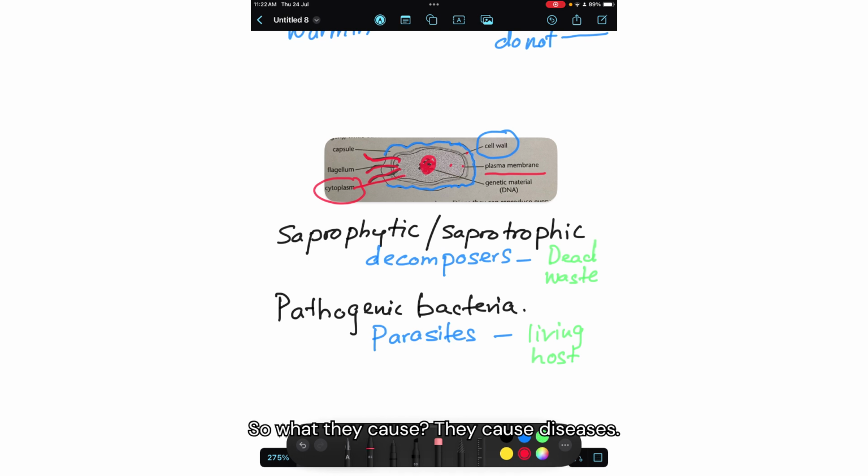So what do they cause? They cause diseases. Some bacteria live on dead organisms or waste, and some of them live on a living host or living organism and cause diseases.